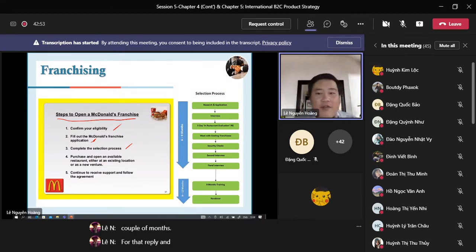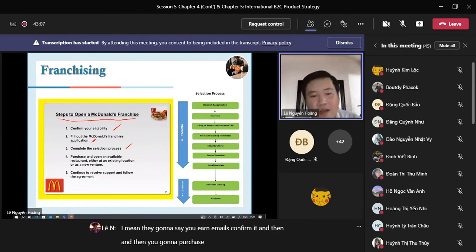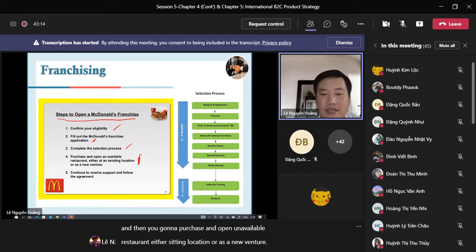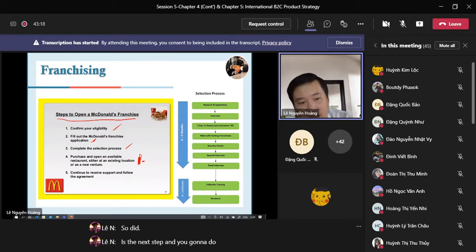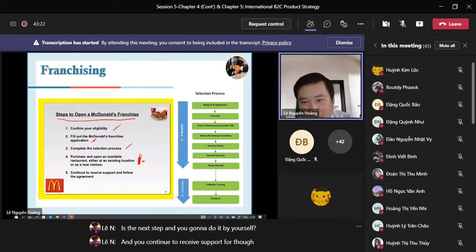Let's say you are qualified to open a McDonald's restaurant in Vietnam, they're going to send you an email to confirm it, and then you're going to purchase and open an available restaurant either at an existing location or as a new venture. This is the next step, and you're going to do it by yourself, and you continue to receive support and follow the agreement.